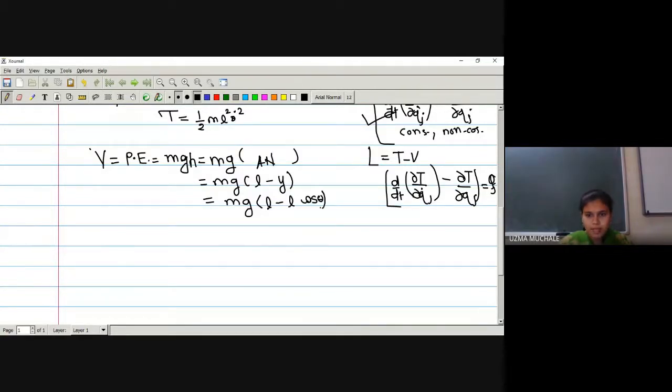I remember when I gave the SET exam as a student, this was a question asked: what is the potential energy of a simple pendulum? At that time, they had MCQs like, let me write down first, the possible options: mgL(1 minus cos theta), mgL(1 plus cos theta), mgL(1 plus sin theta), mgL(1 minus sin theta).